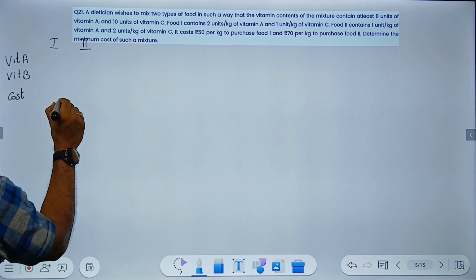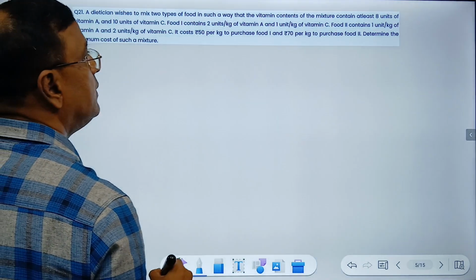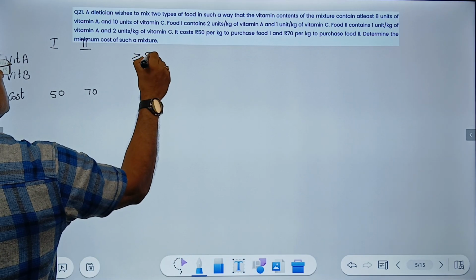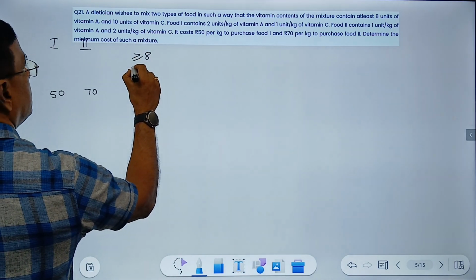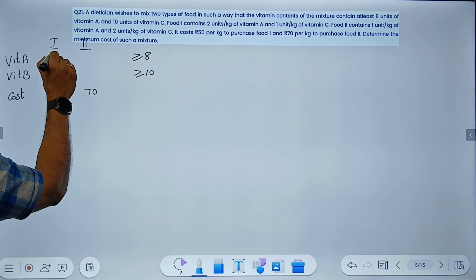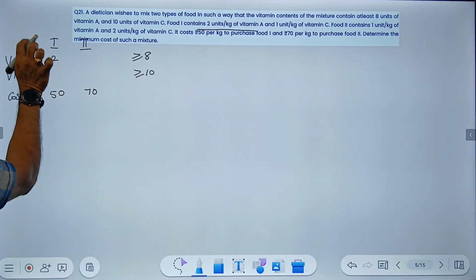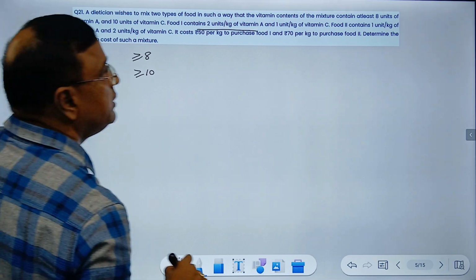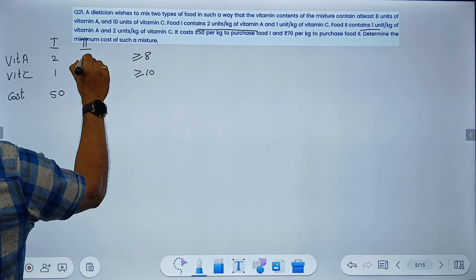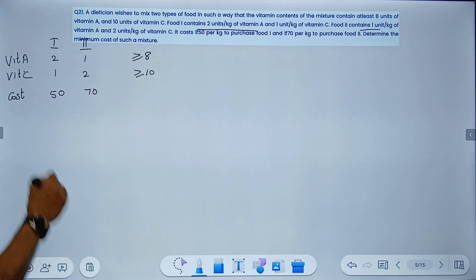Food 1 costs rupees 50, and food 2 costs rupees 70, and the mixture contains at least 8 units of vitamin A and 10 units of vitamin C. Food 1 contains 2 units of vitamin A and 1 unit of vitamin C, and food 2 contains 1 unit of vitamin A and 2 units of vitamin C. So everything is formulated. Now what do you do?